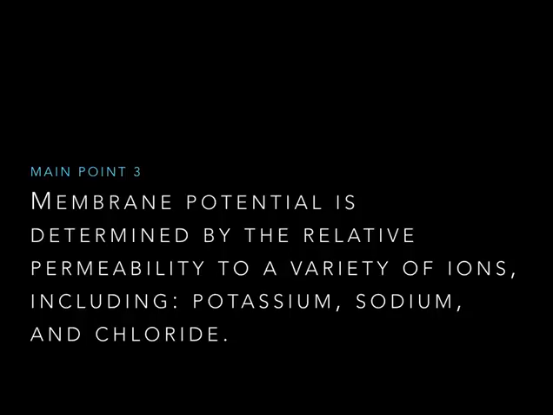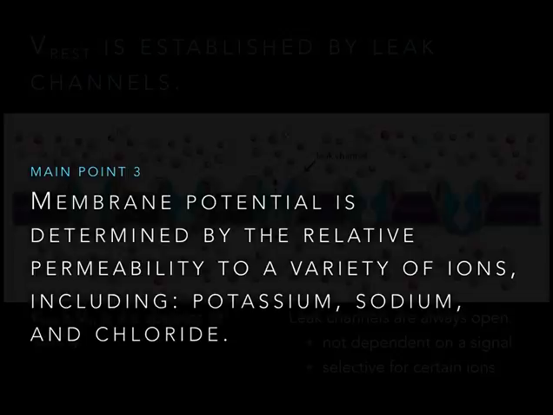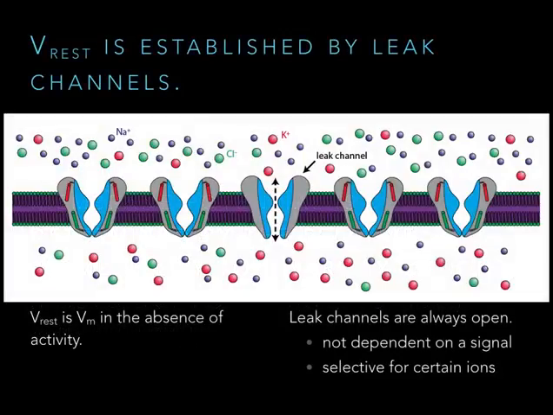The membrane potential is going to be determined by multiple ions, not just one. You can use the Nernst equation to figure out the reversal potential for individual ions, but in the real world, neurons are permeable to more than just one ion at a time. So let's start off with the resting membrane potential, VREST.